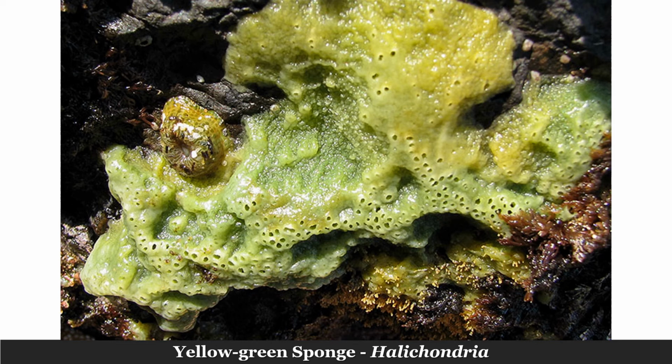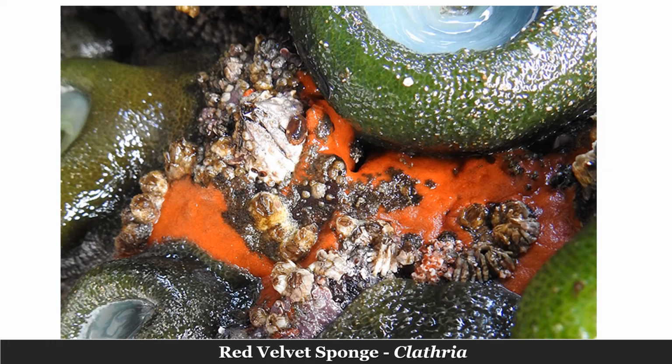It's actually the favorite food of one of the nudibranchs, the lemon peel nudibranch, and we'll talk about that later, actually tomorrow. And then there's the red velvet sponge, and it's primarily in the mid intertidal or lower intertidal.